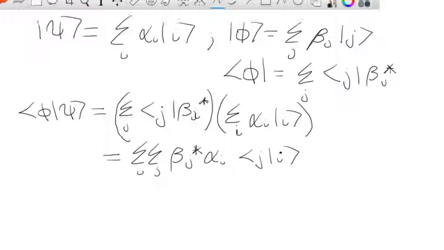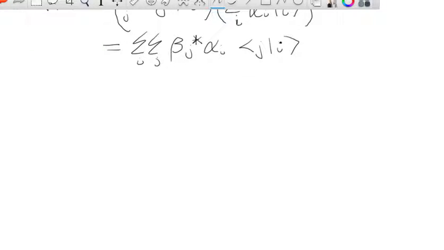Well, remember we talked about orthogonal bases. So there's only two possibilities for this. This can either be a 0, or this can be a 1. It's 0 when i does not equal j.